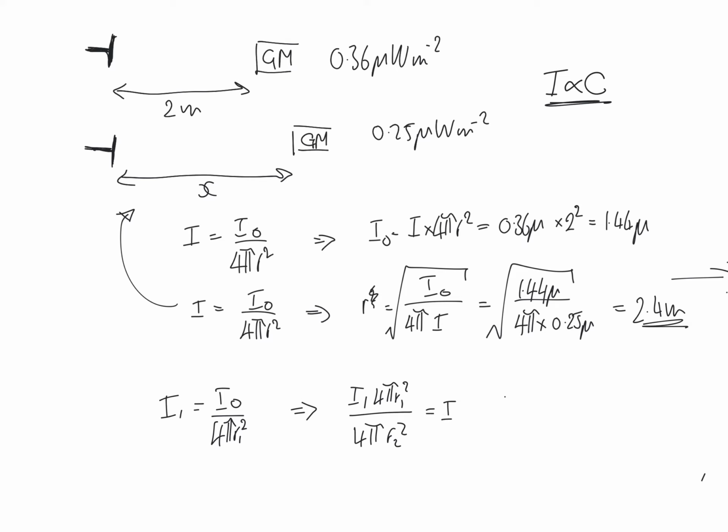And you can see all these bits drop out. So I'm simply left with I1 over I2, a little bit of quick rearrangement there.